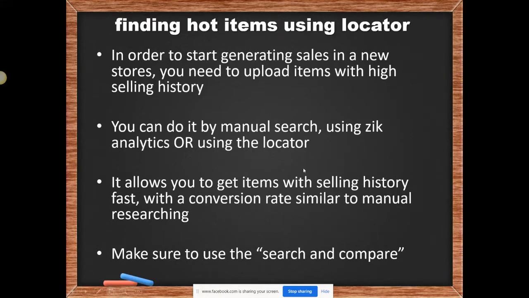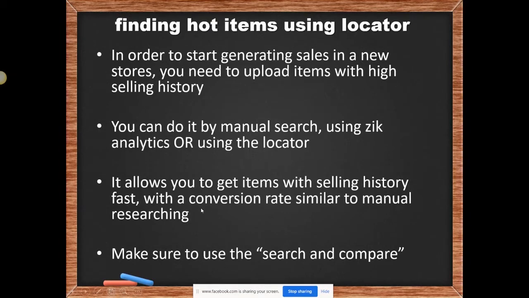So the locator is a built-in tool within SaleFreaks, and what it does is allow you to get items with selling history. So you have data on these items, with a conversion rate similar to manual researching. Nothing really can match good old manual researching, but it takes a lot of time and resources and money because usually you have to pay for Zik Analytics or something of that sort.